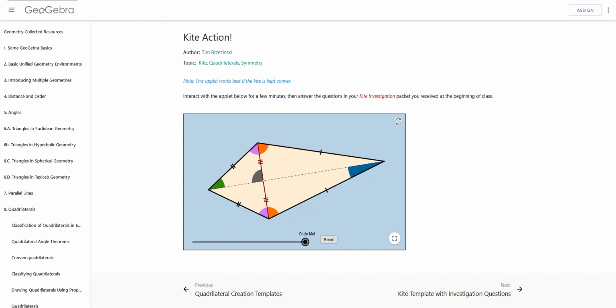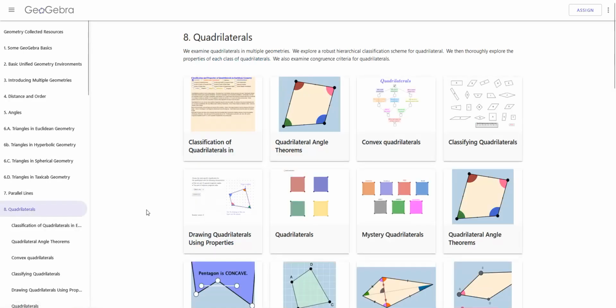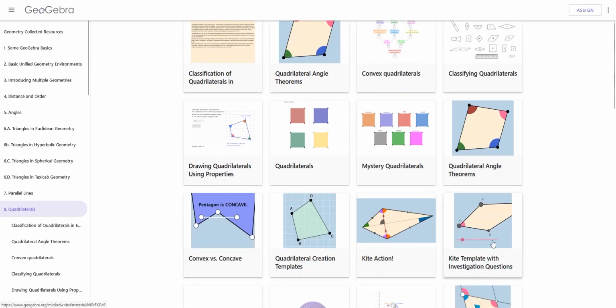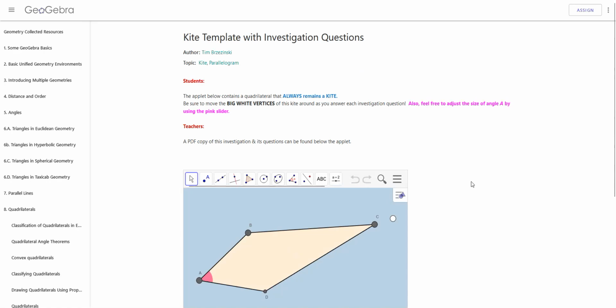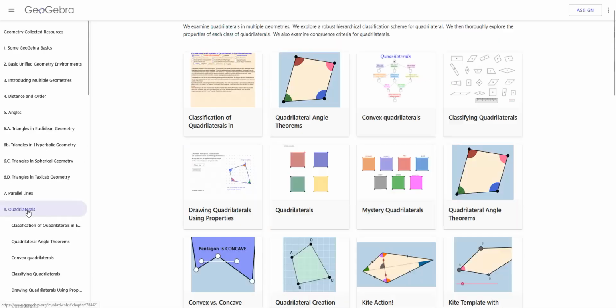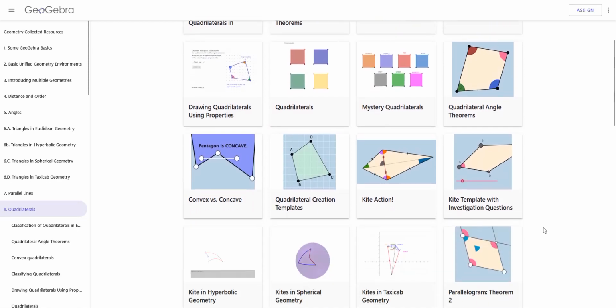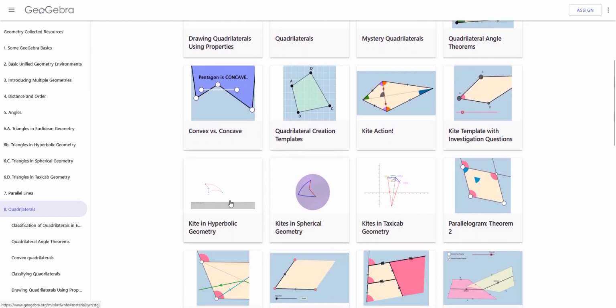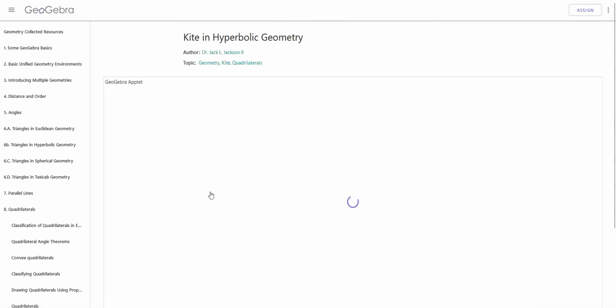Okay, we investigated this in some detail in our last few videos. And this one is a similar thing, which looks at kites in Euclidean geometry. But what about kites in other geometries? So let's look at my investigation here for kites in hyperbolic geometry.